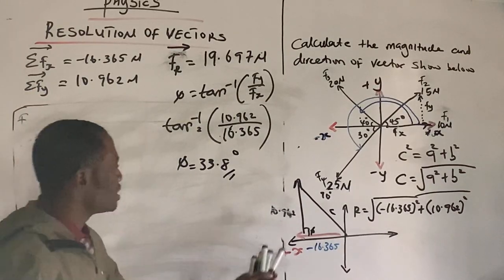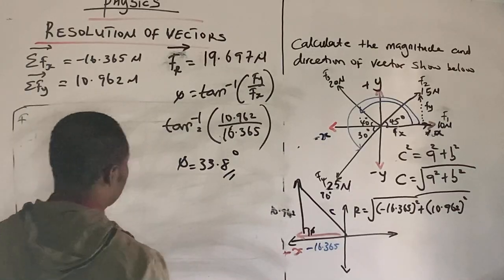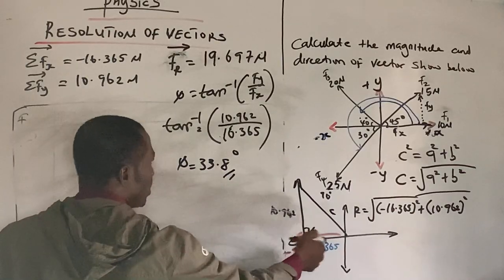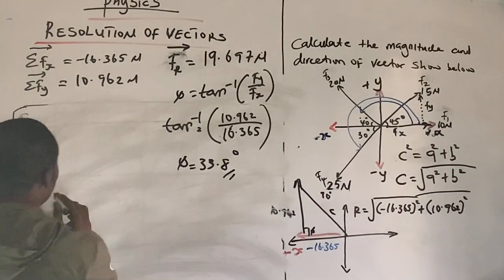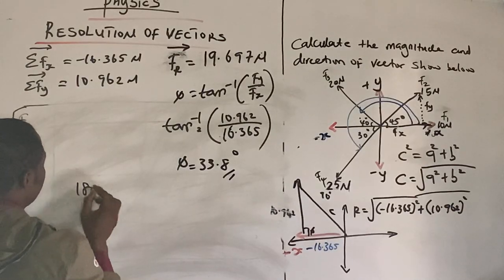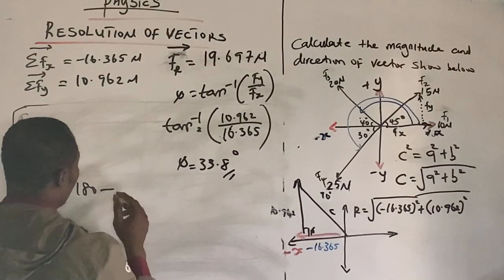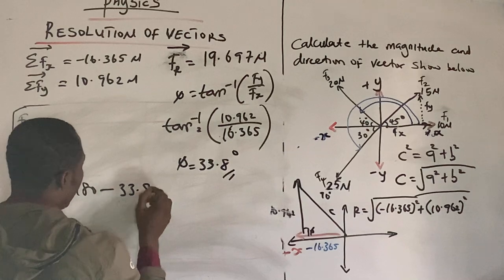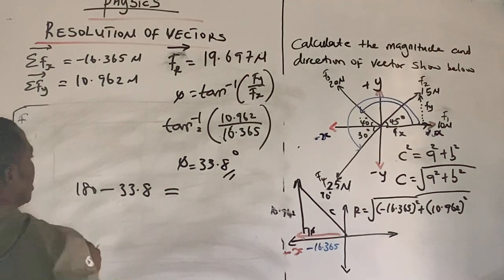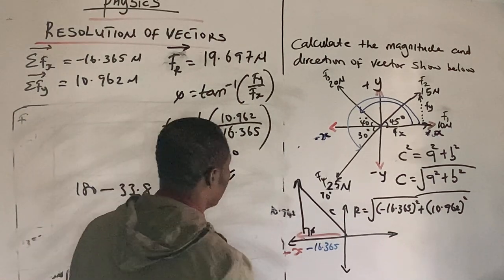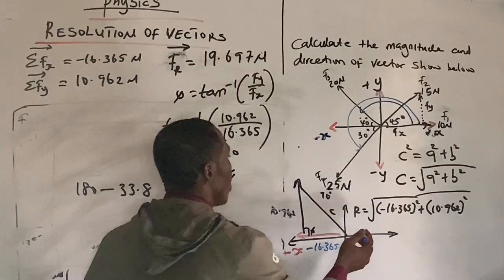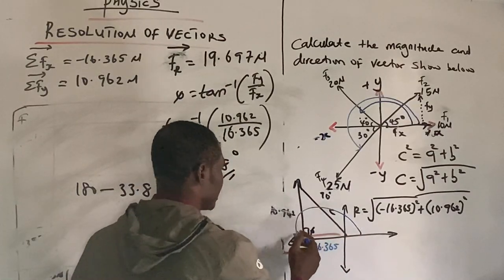Now notice that it falls in the second quadrant. Because it's in the second quadrant, what I'm going to do is 180 minus my reference angle here, which is 33.8, and I'm going to get the angle I'm looking for that is directed towards the positive x-axis.